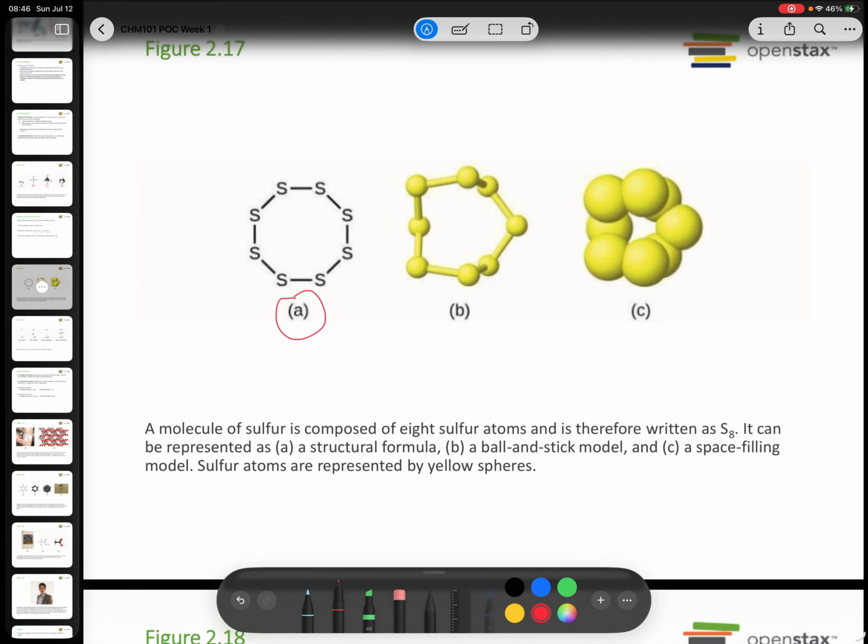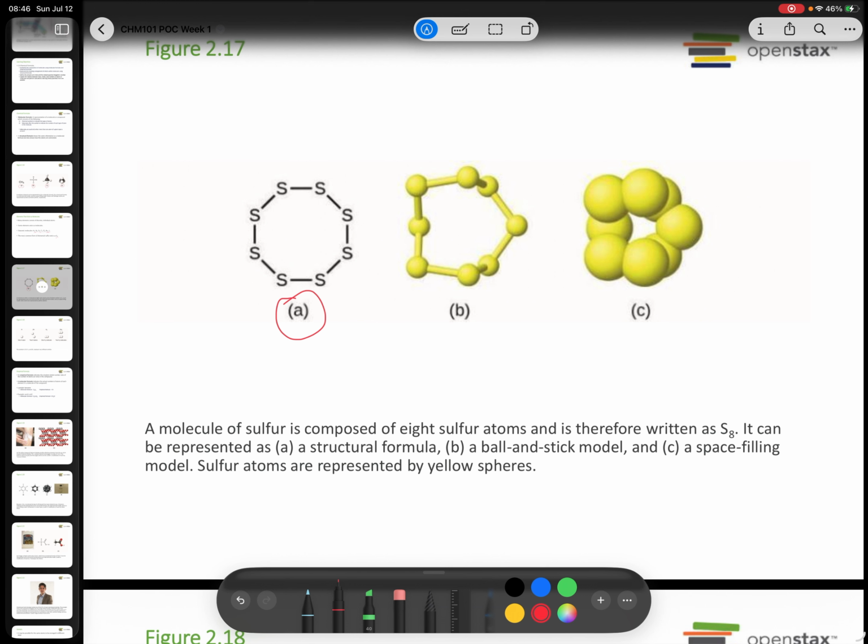Makikita natin dito na mayroon siyang 8 sulfur atoms. Tapos yung structural formula, ball and stick model, tsaka itong space filling model niya, it all represents the same molecule. But each representation highlights yung different level ng information, katulad nung pinakita natin kanina sa methane.